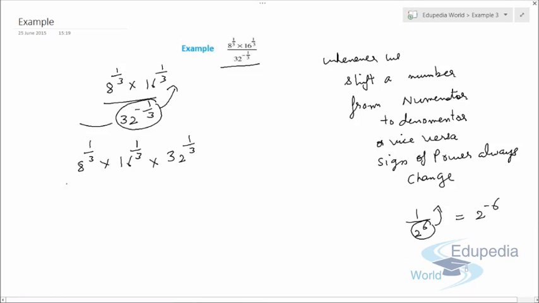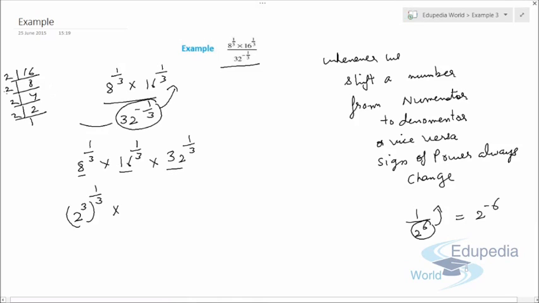Further, we can factorize these three numbers. So 8 can be written as 2 raised to power 3, raised to power 1 by 3. Now 16 can be written as, let's factorize it, 16, 2, 8, 2, 4, 2, 2, 2, 1.